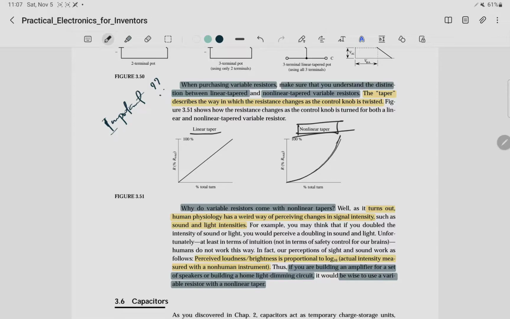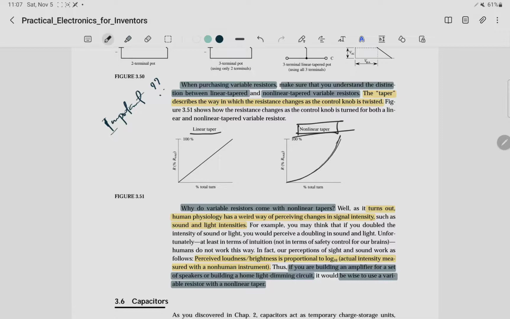If you double the intensity of light, or the loudness of sound, you'd probably assume that we perceive it the same way, in that if you double the light intensity, the brightness of your torch or headlamp is recognized as doubled by your brain. But that is not necessarily what happens.